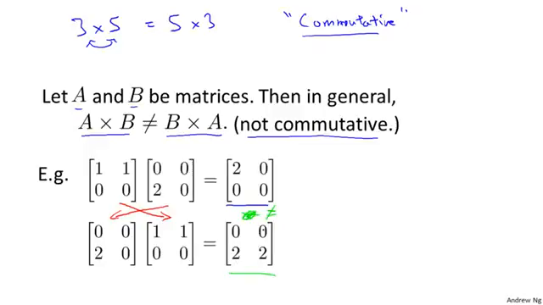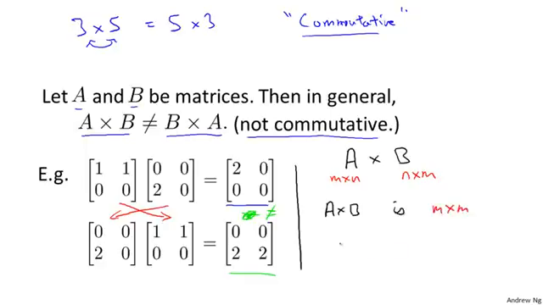So, in fact, in general, if you have a matrix operation like A times B, if A is an m by n matrix and B is an n by m matrix, just as an example, then the matrix A times B is going to be an m by m matrix, whereas the matrix B times A is going to be an n by n matrix.